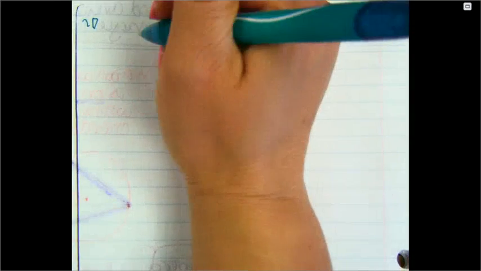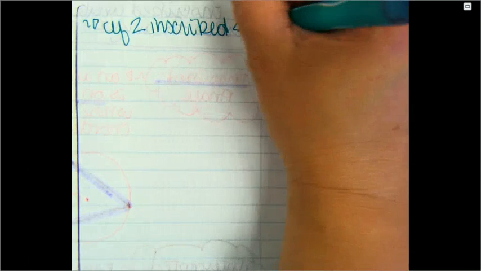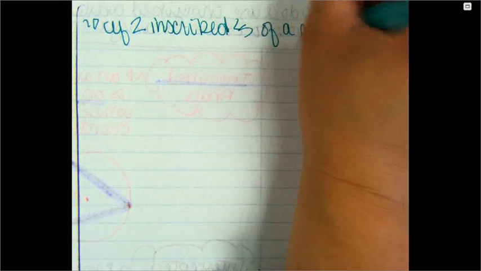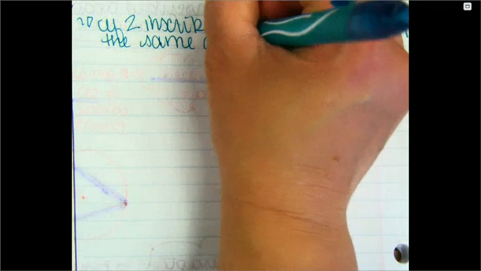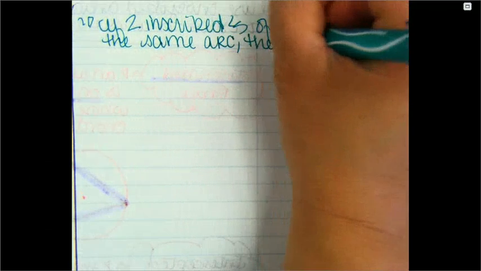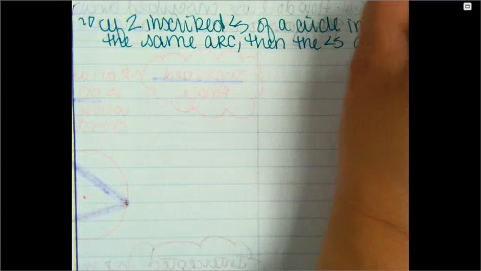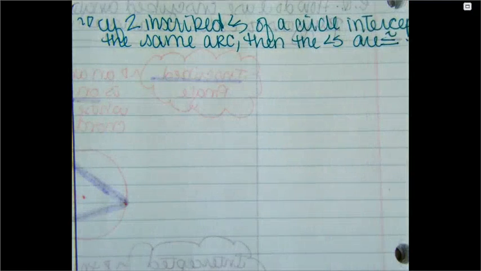So it says, if two inscribed angles of a circle intersect the same arc, then the angles are congruent. If two inscribed angles of a circle intersect the same arc, then the two angles are congruent.